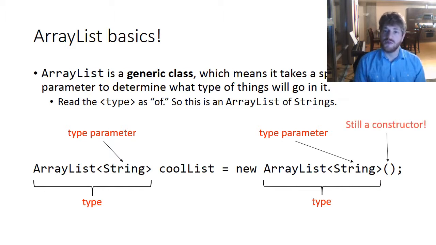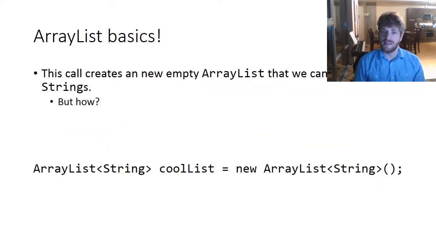And then, of course, we still have our parentheses, because this is a constructor, just like any other constructor. We're calling a constructor to create this new array list. So, now we have a new array list. Every new array list that's created is initially empty. We have an empty array list that we can fill with strings to our heart's desire.